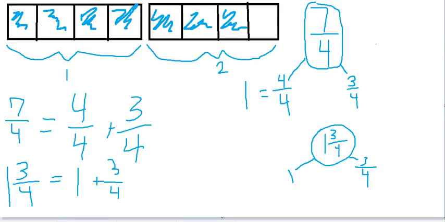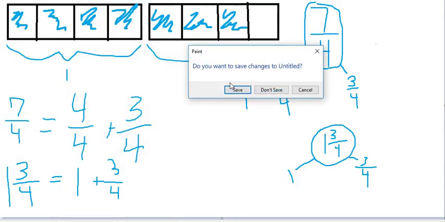Let's try another example. This time draw a tape diagram sectioned into 5 pieces. So we have 5 pieces, and with these 5 pieces, this is our whole.